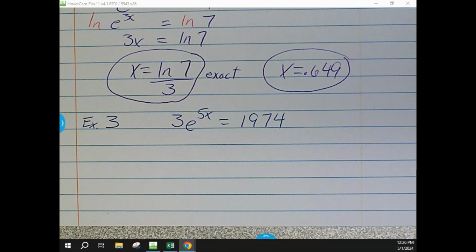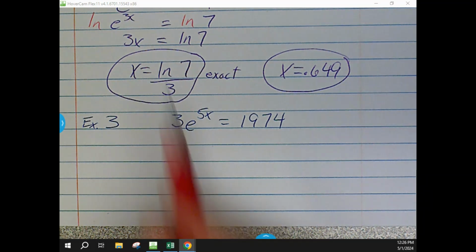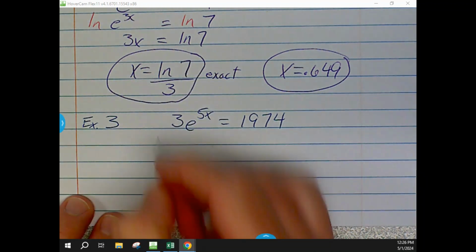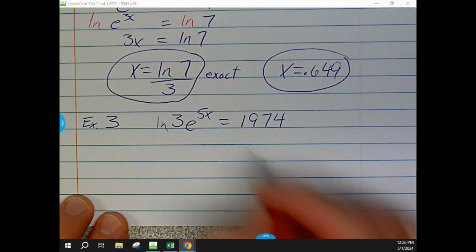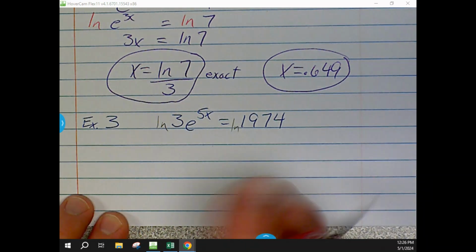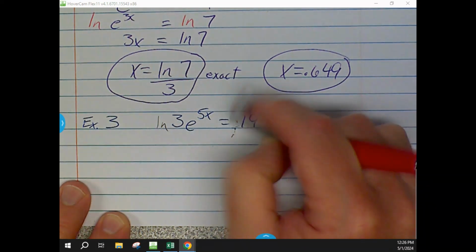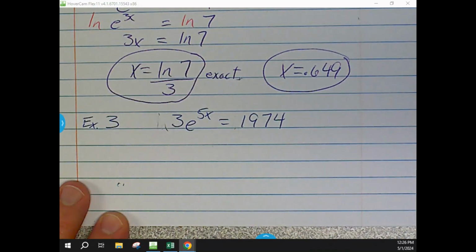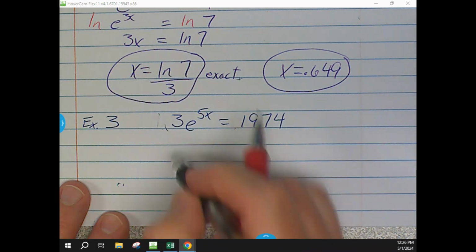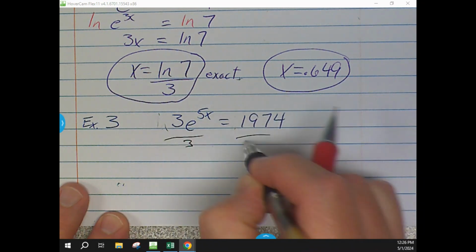A lot of people are like, oh, we don't have that extra number at the end of it, so we're good. But if you put in ln over here, does the ln and the e touch? Nope. So before you can take the ln of both sides here, you've got to get rid of that 3 because that 3 is in the way. Since it's 3 times e to the 5x, we've got to divide both sides by 3.